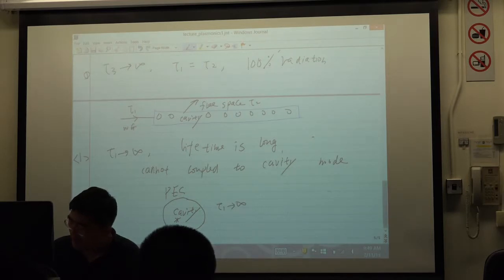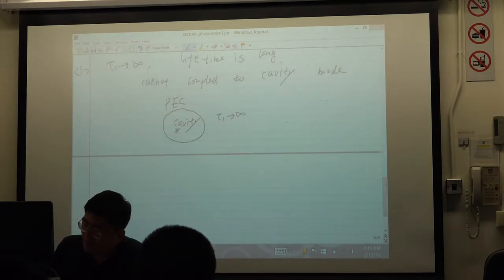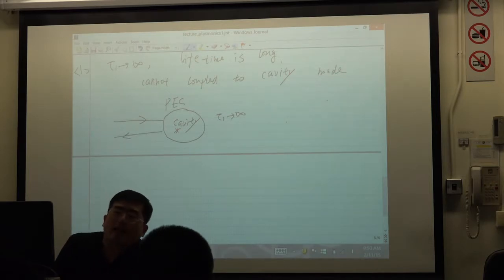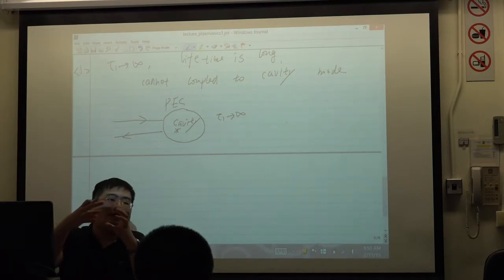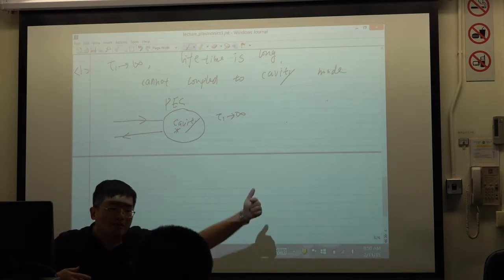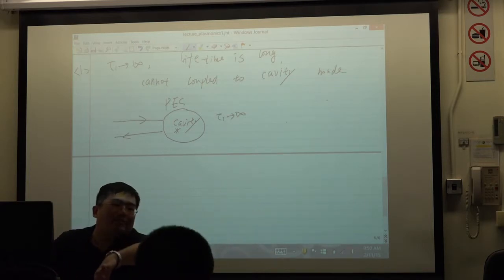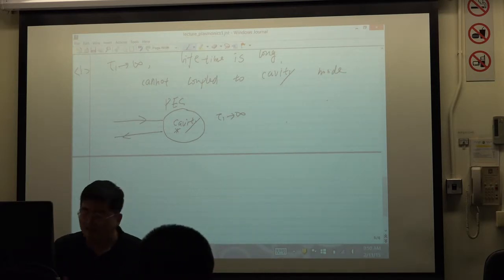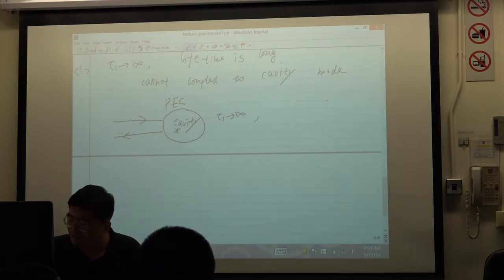According to reciprocity, any wave going to the PEC cavity totally reflects back and cannot go into the cavity. If a cavity is a perfect electric conductor, the source within the cavity cannot couple out, and similarly the wave cannot couple into the cavity. This is reciprocity. So this is the quality factor, which also goes to infinity.